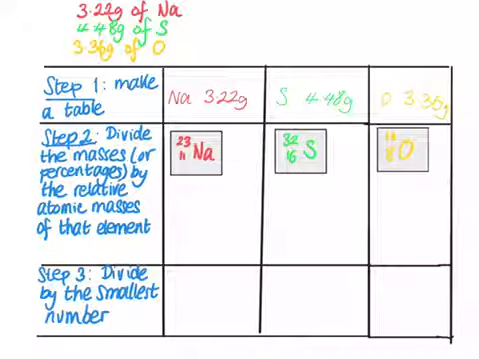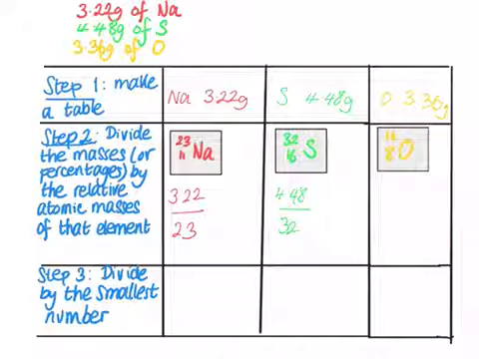So the next line of working is 3.22 divided by 23. Sulfur is 4.48 divided by 32. And oxygen is 3.36 divided by 16.